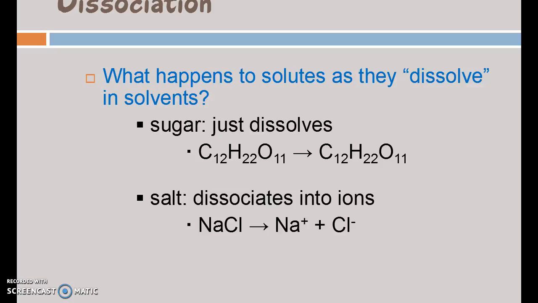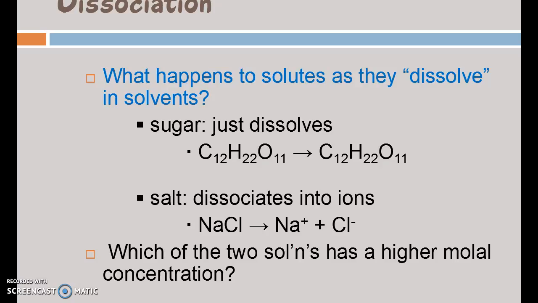But salt, on the other hand, an example would be sodium chloride, will actually dissociate into ions. So it'll have a positive end and a negative end. It's like it's pulled apart as it's dissolving in that water while still maintaining its ionic bond.